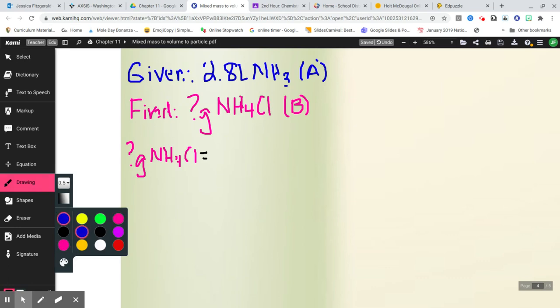So we are given 2.8 liters of NH3. We're going to make our equality. If we want the liters of NH3 to cancel, it has to go in the bottom.